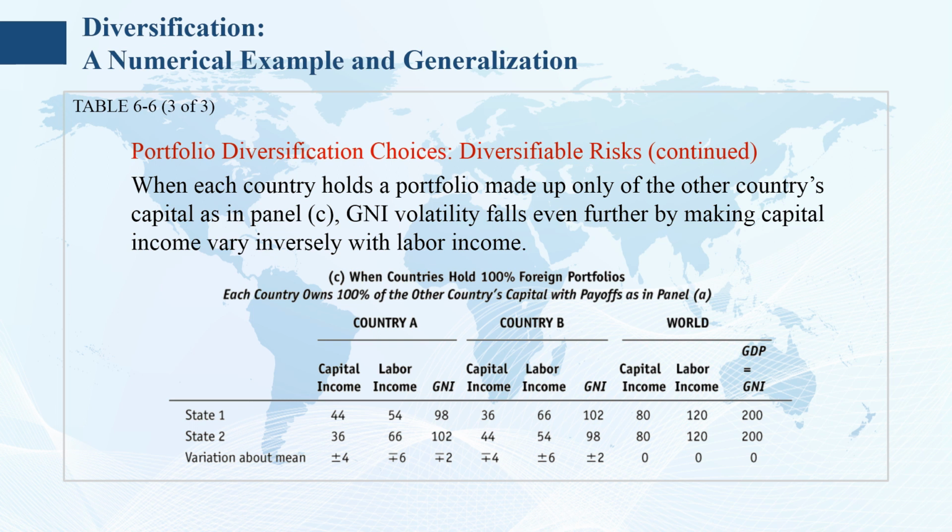The variation of GNI about its mean of 100 is plus or minus 2 in each country. As we can see, this variation is much smaller. When each country holds a portfolio made up only of the other country's capital, as in Panel C, GNI volatility falls even further by making capital income vary inversely with labor income.